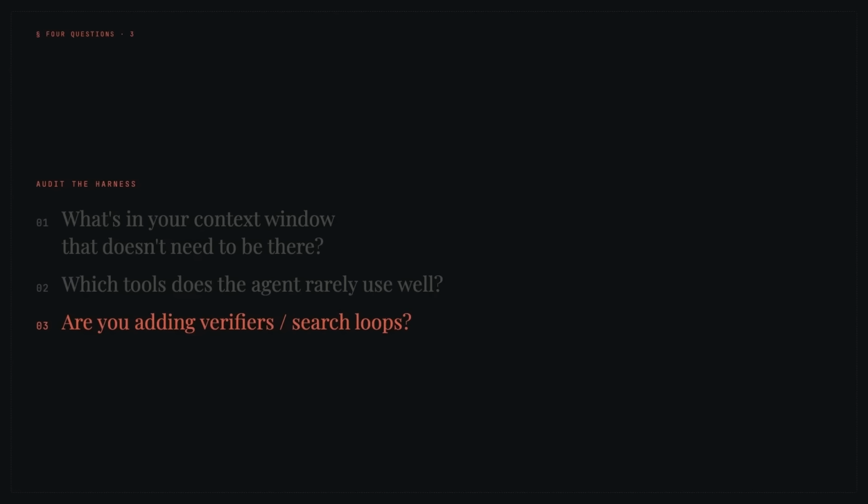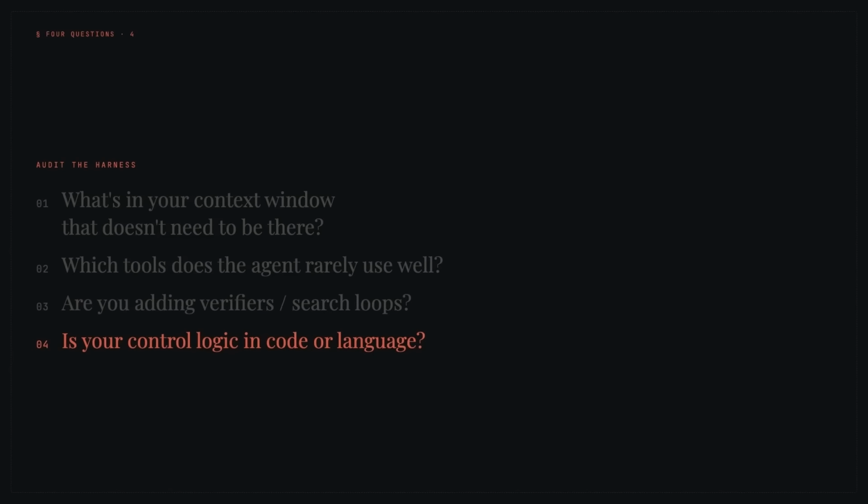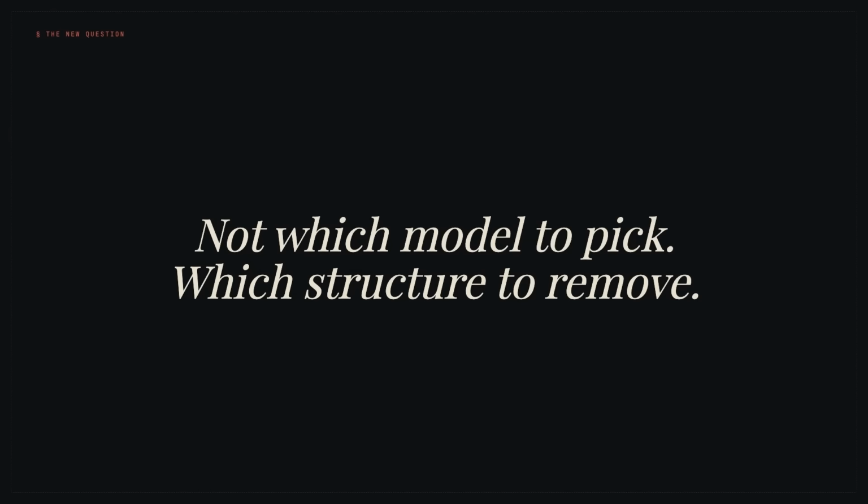And 4, is your control logic written in code or in language? Because the migration experiment we looked at before showed almost 17 points gain just from rewriting the same logic. And it's no longer a question of which model to pick, it's a question of which structure to remove.